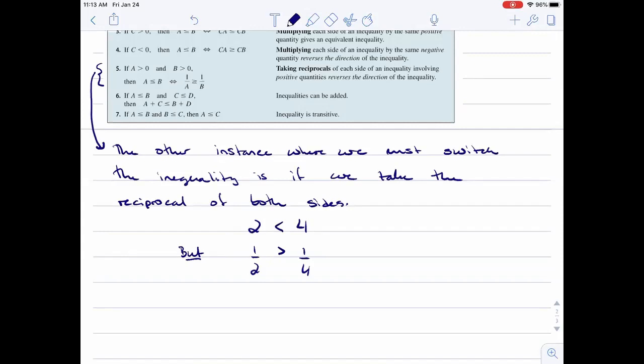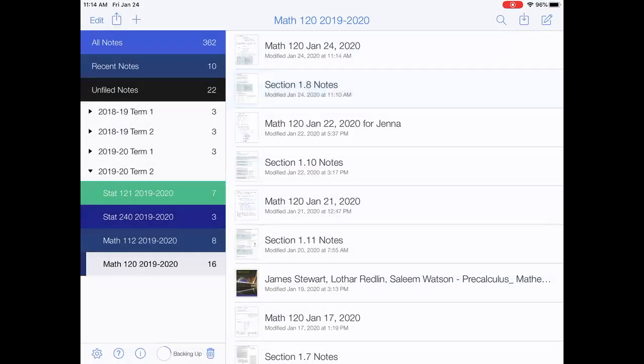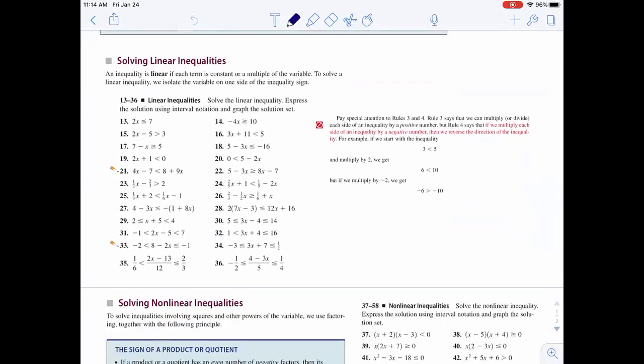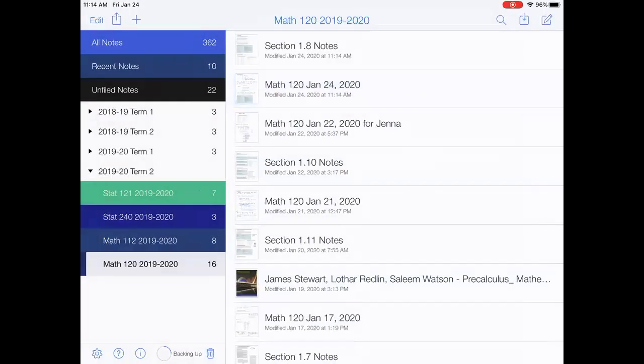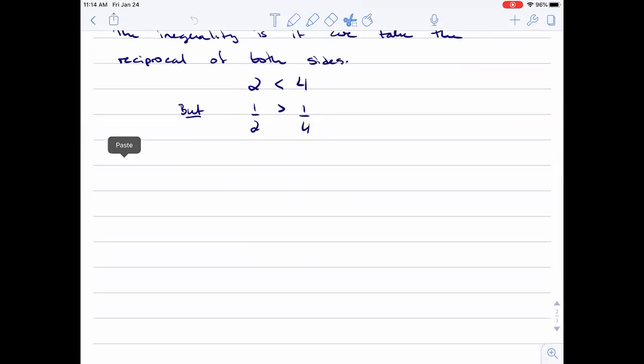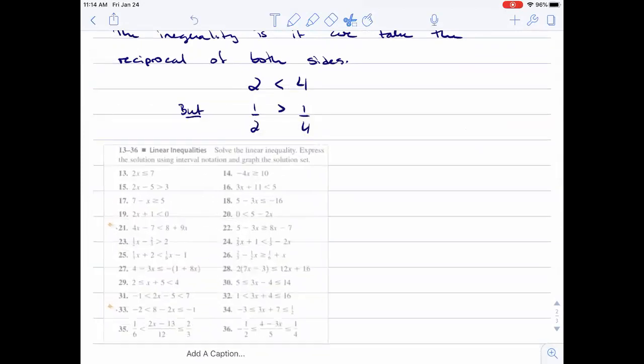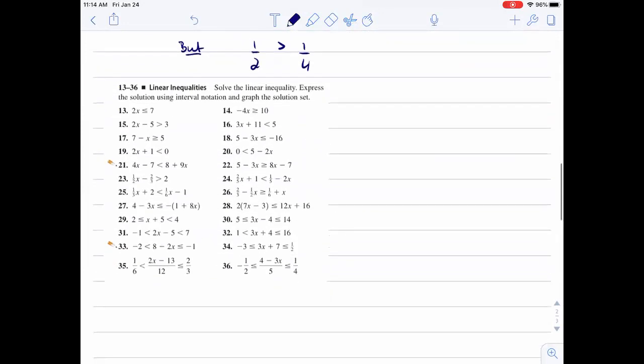So how about we do some examples then? Let's see here. Copy. Let's start off with one like, I don't know, which one? 21? 21. Let's do it.